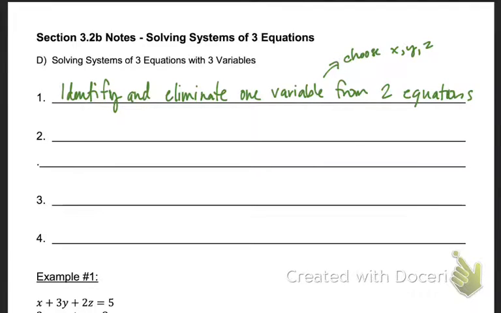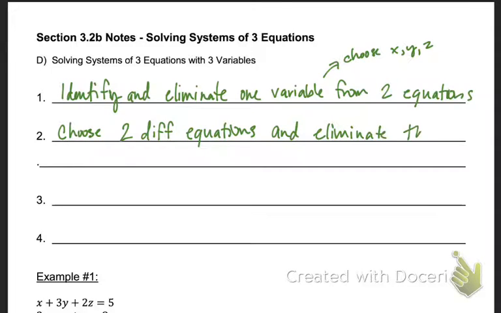Or if the variable is like a, b, or c, you're going to identify maybe 2 that cancel out from 2 equations. Then you will choose 2 different equations. So maybe I did the first and second and I eliminated x. Now I'm going to look at the second and the third, or the first and the third. So choose 2 different equations and eliminate the same variable.